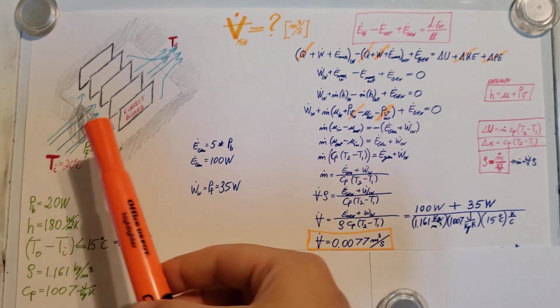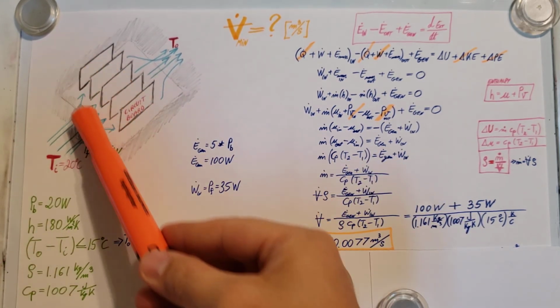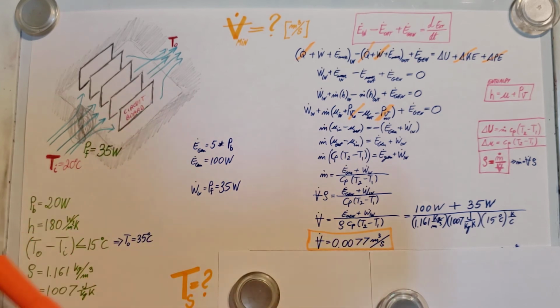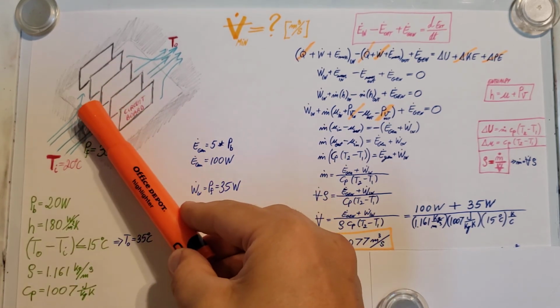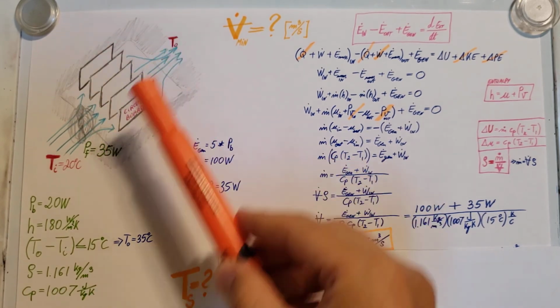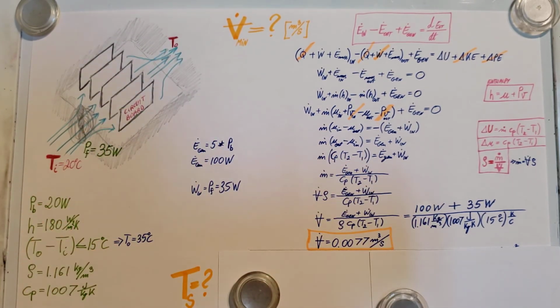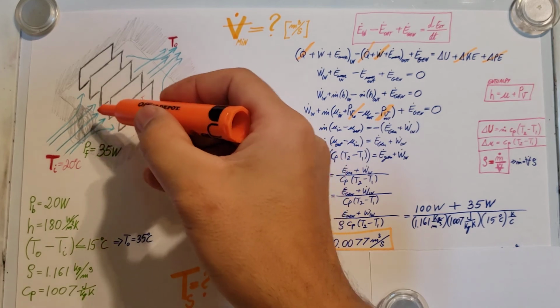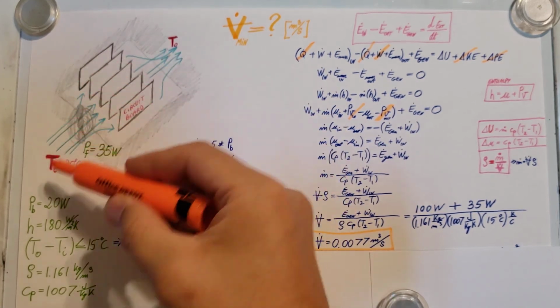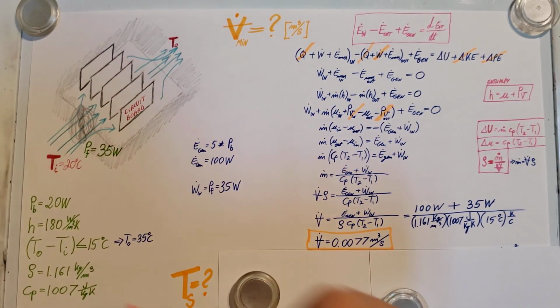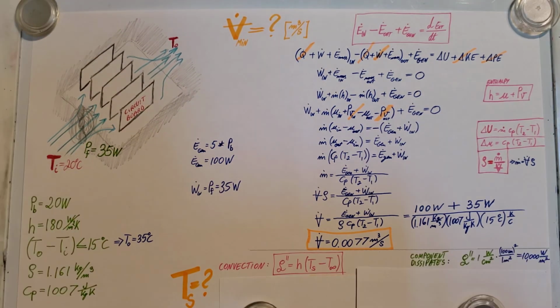And also, since this is a convection situation, our convection is always the strongest right here at the beginning, not at the end. Okay, so our component would be placed on any of these boards, but here close to this edge where T is 20 degrees Celsius.